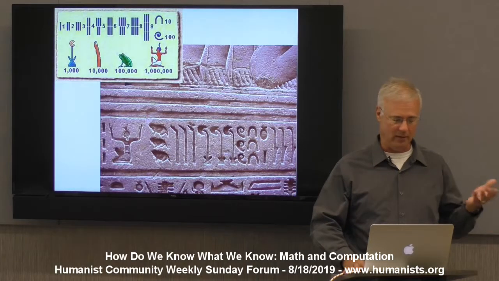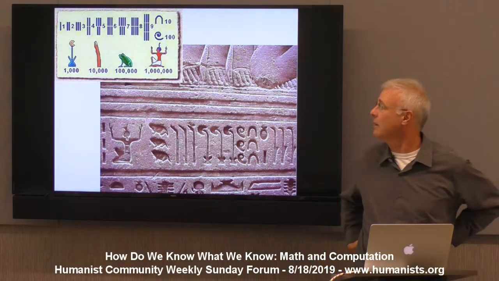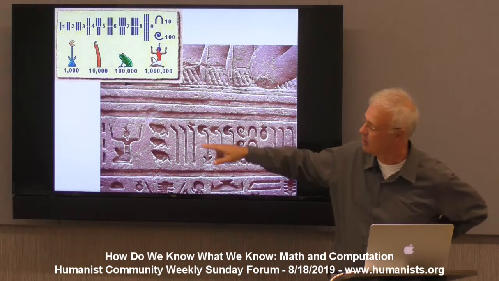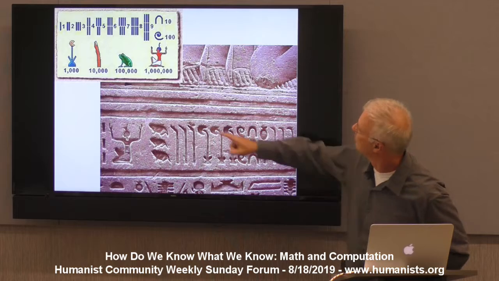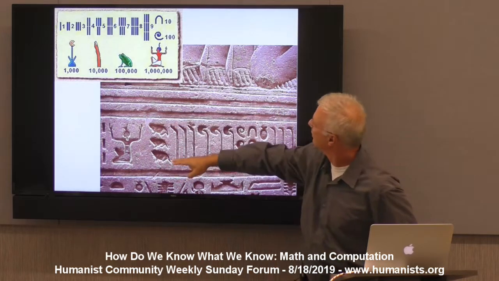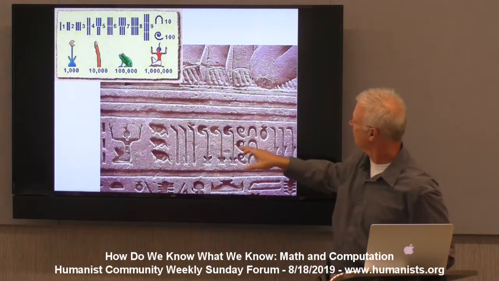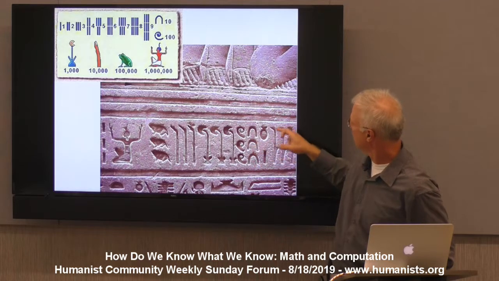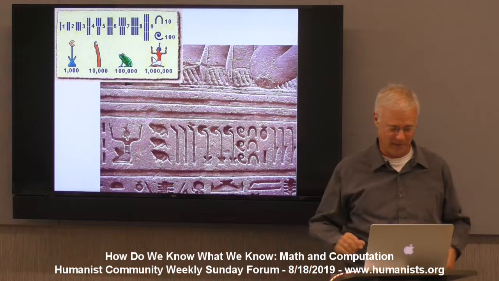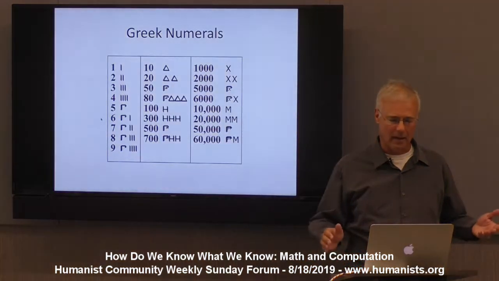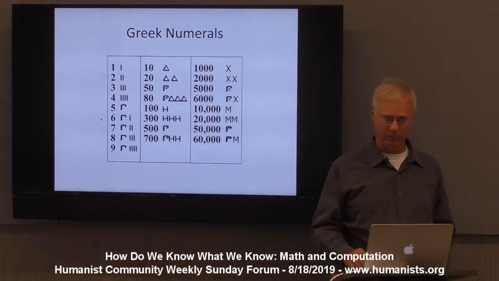Egyptian numbers look like this. In fact, here you can actually read off this number that's carved into this stone wall here. It's 1,333,331. Not sure exactly what that number indicates, but Greeks had their own system of numerals.